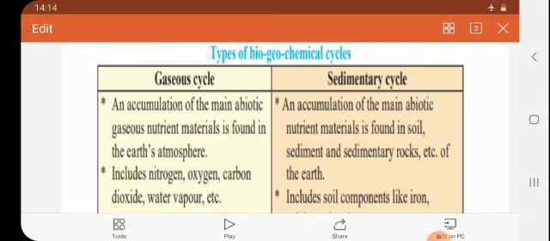It means gaseous substance is trapped to convert it into the solid substance, sedimentary substance. Oxygen, which is present in the atmosphere, combines with some other substances, and thus it is also recycled.